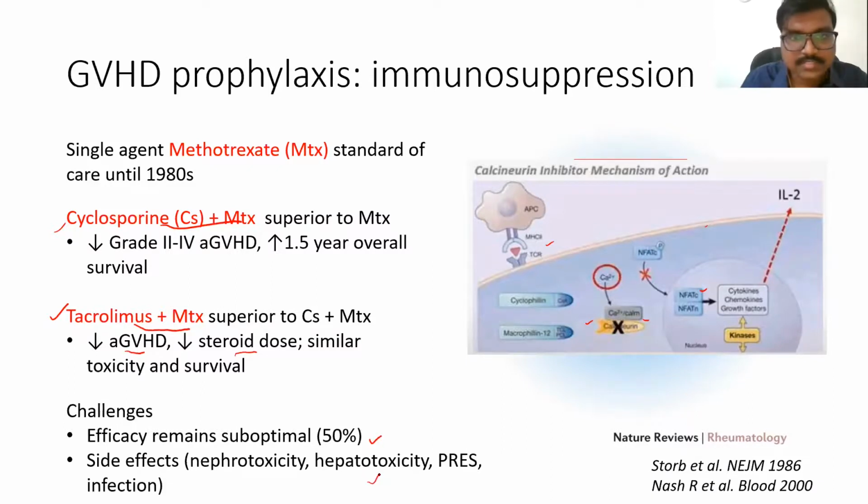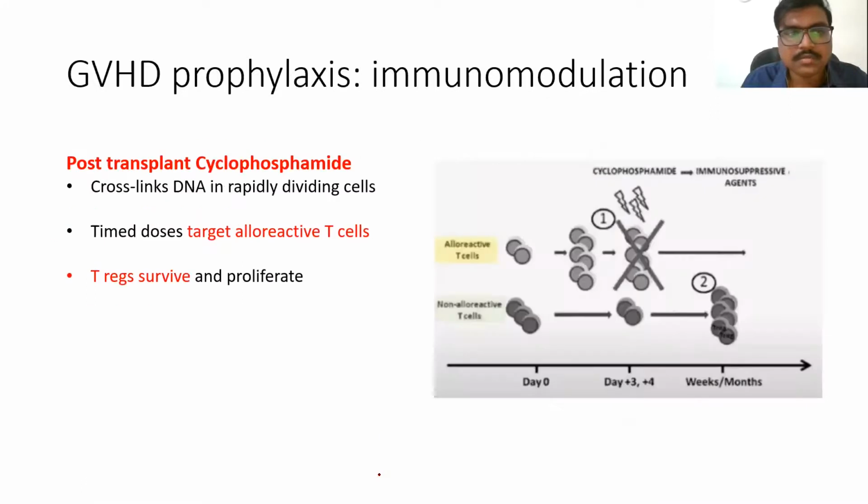The search for better agents is going on, and one immunomodulatory mechanism that is explored is giving cyclophosphamide after transplant. Usually, cyclophosphamide is given pre-transplant as a part of conditioning chemotherapy, but after transplant, there is an important concept that the alloreactive T cells proliferate around day 3 and day 4.